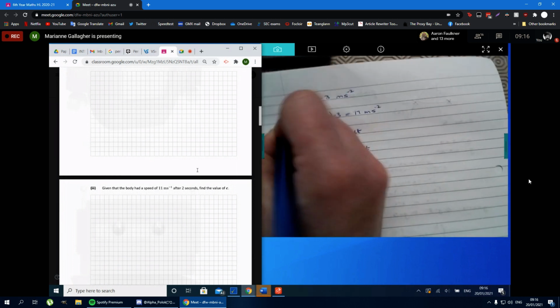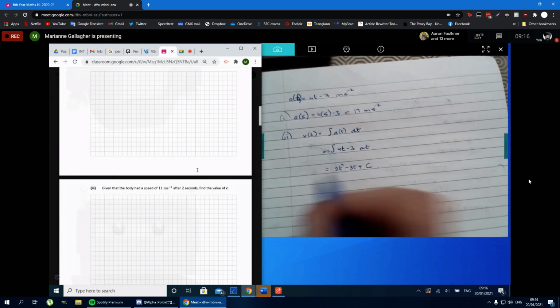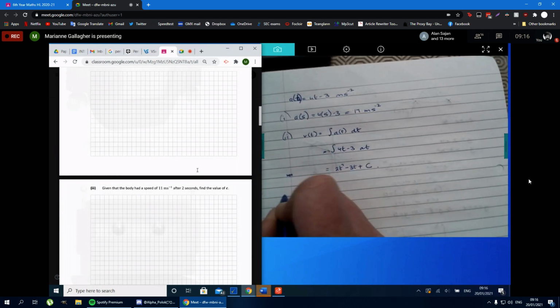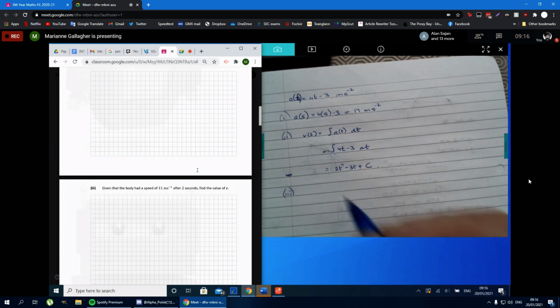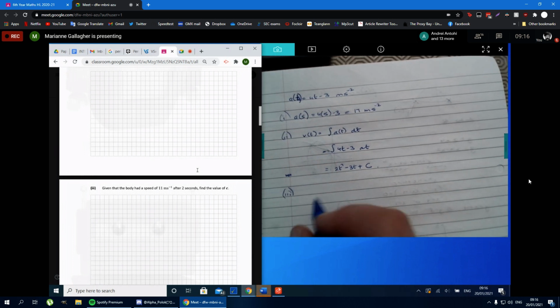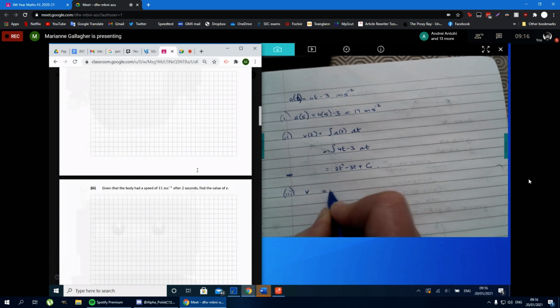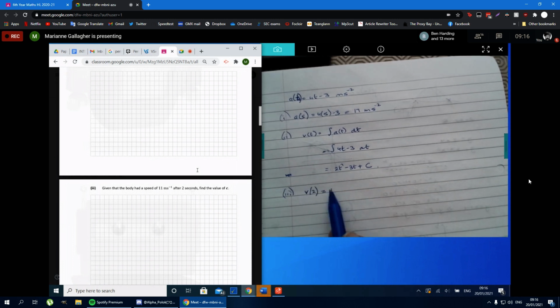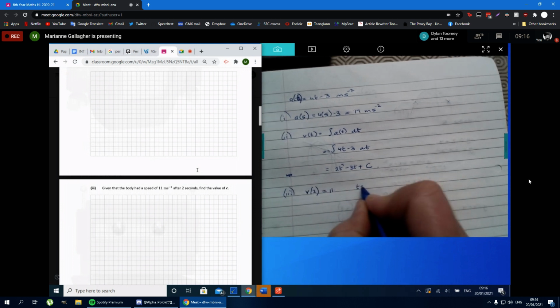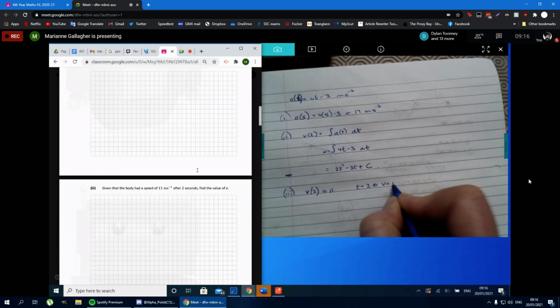Part 3. Now they're giving us some information to let us find c. They're saying speed is 11 after 2 seconds. So that means v equals 11 when t is 2. You could write it that way, or say t equal to 2 means v is equal to 11.